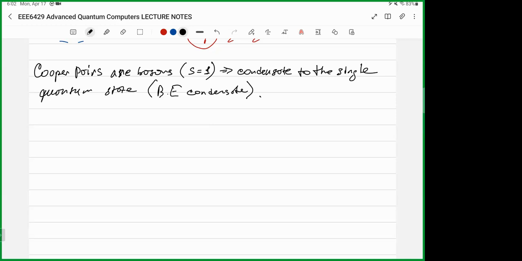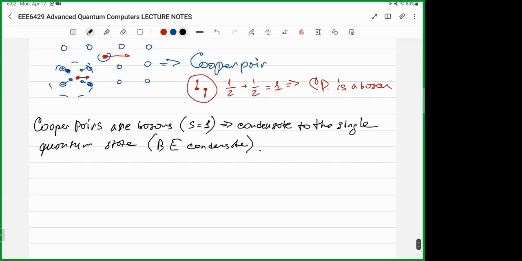For example, a laser is an optical system, right? It gets these photons as excitations. A photon is a boson. A photon has exactly the same spin of 1.